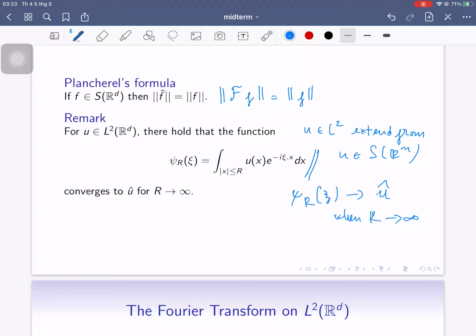And in here, because we integrate over a bounded space, this function is well defined, so it converges to u hat as r goes to infinity.